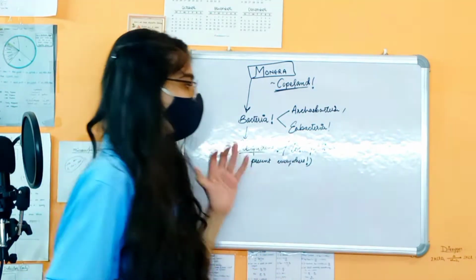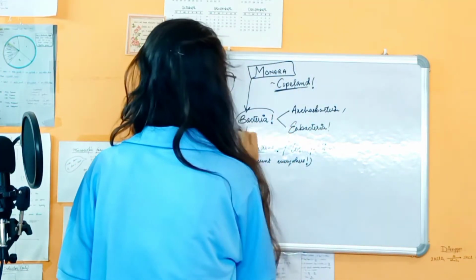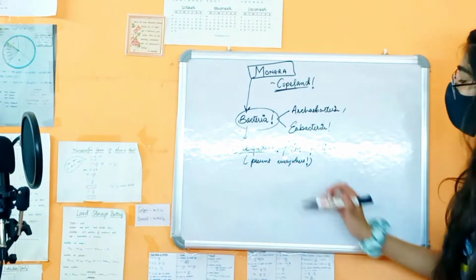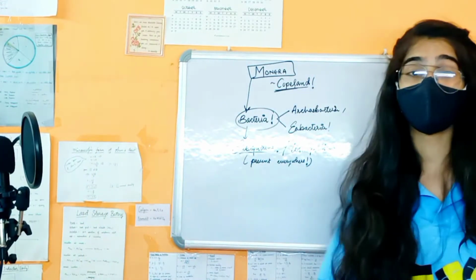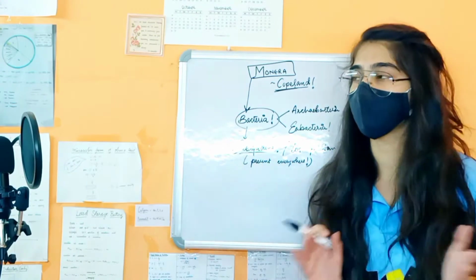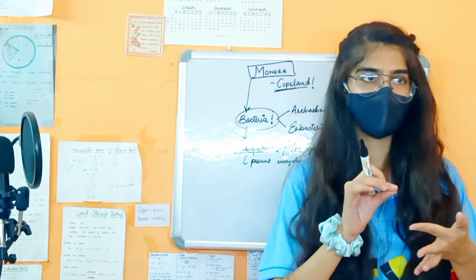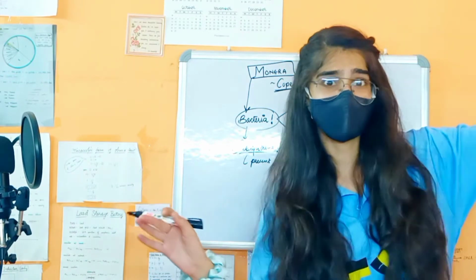So ubiquitous or cosmopolitan means present everywhere, and we're talking about bacteria. Bacteria are present everywhere. We can take an example of lake, river, land, air, everywhere.